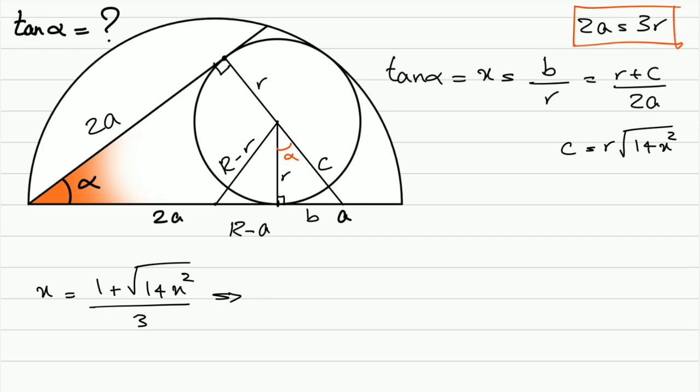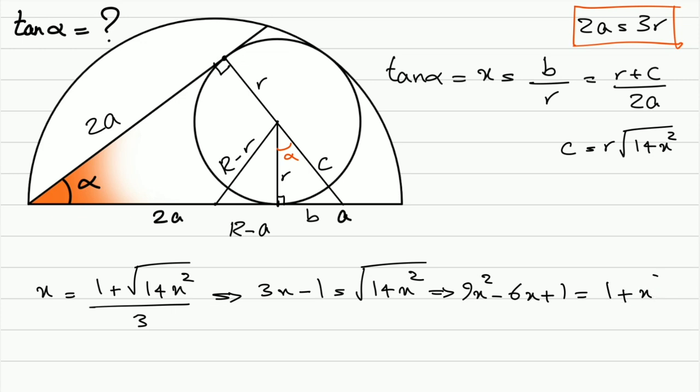We cross multiply, 3 times x, and then we bring 1 to the left side. 3x minus 1 is equal to the square root of 1 plus x squared. Next step, we take everything to the second power to get rid of the radical. So on the left side we have 9 times x squared minus 6 times x plus 1. And on the right side we have 1 plus x squared.